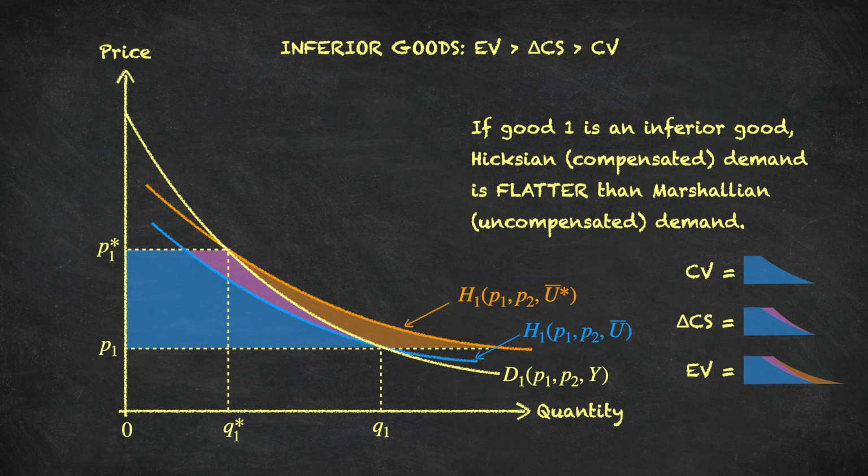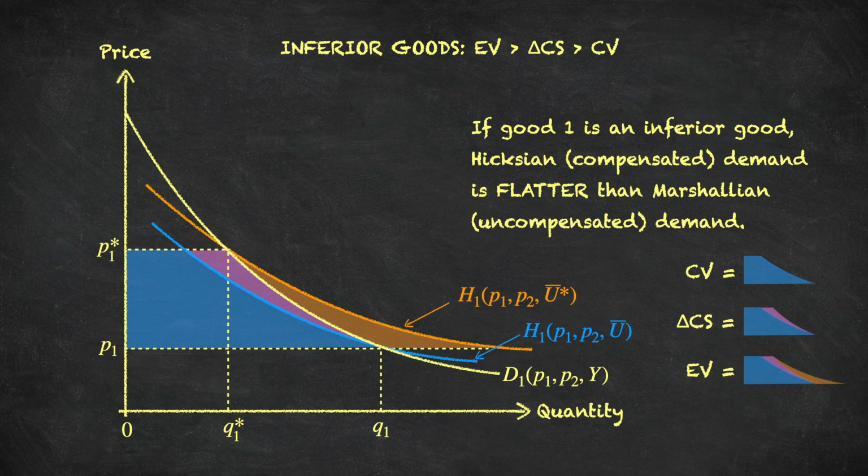For inferior goods, equivalent variation is the greatest and compensating variation the smallest, and again, the change in consumer surplus is in the middle. In some sense, sticking with the change in consumer surplus is a way of walking that middle line without facing the criticism of having to choose the appropriate measure depending on the context. So that might be another reason why the change in consumer surplus is so widely used.